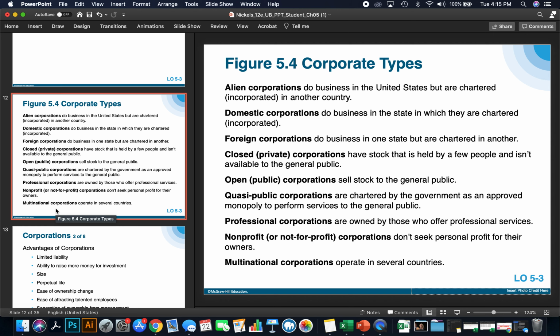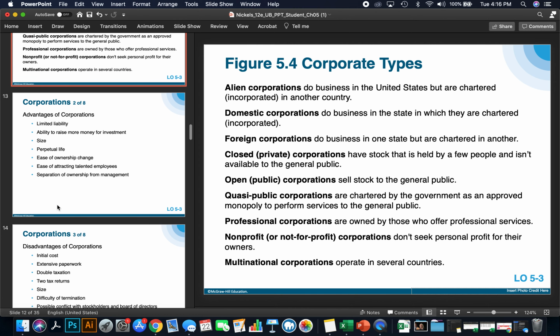Quasi-public corporations are chartered by the government as an approved monopoly to perform services to the general public. Professional corporations are owned by those who offer professional services. Nonprofit corporations don't seek personal profit for their owners. Finally, multinational corporations operate in several countries.